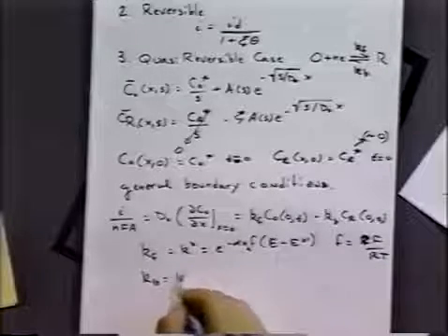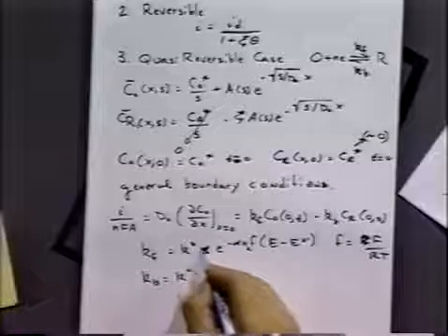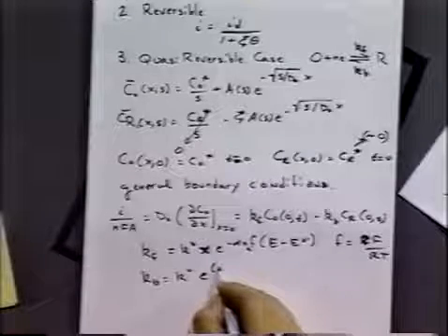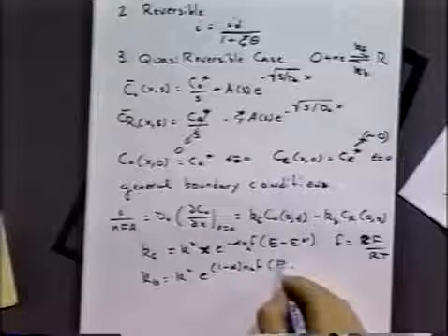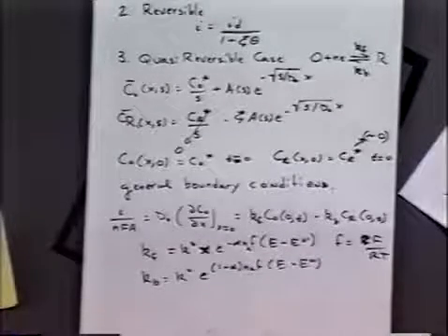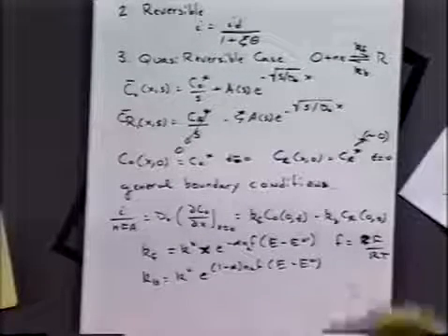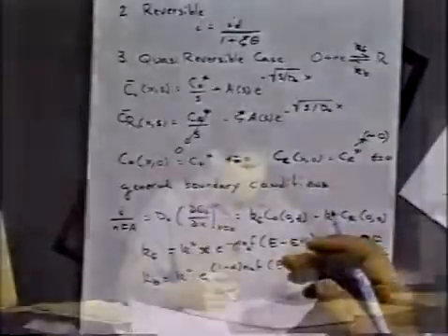Kb is equal to K0 e to the 1 minus alpha n sub a f times E minus E0 prime. We're using n sub a because we're including the possibility of a multi-step electron transfer, so n sub a is an apparent number of electrons in the process. Basically, it's the number of electrons in the rate determining step.